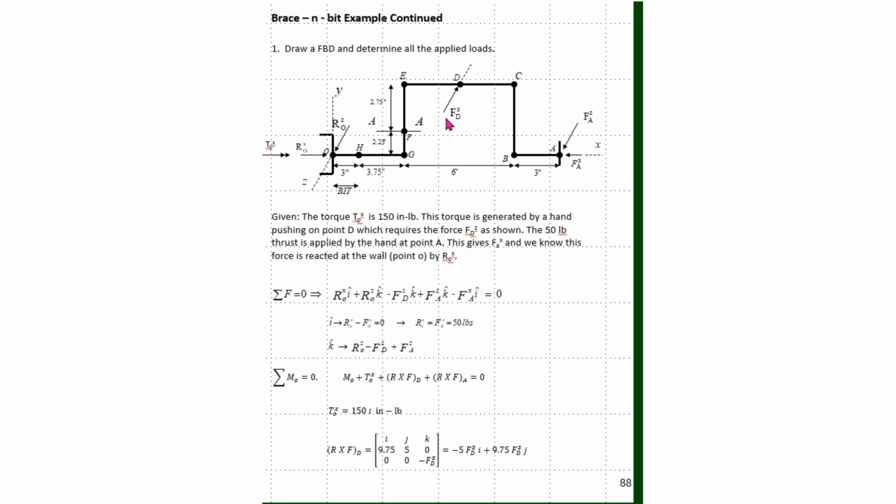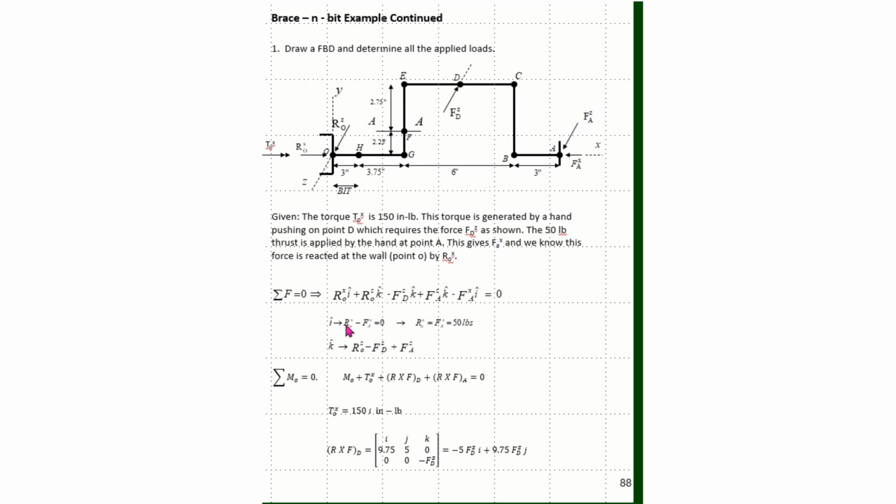You need to recognize as an engineer that this FAZ is actually an applied load by the user, but it certainly wasn't given in the problem statement. We determined that FAZ needed to be there by understanding the problem and understanding that summation of moments here had to be equal to 0. And with this FDZ trying to twist me about the y-axis, I had to have some other force keeping me from bending about that axis.